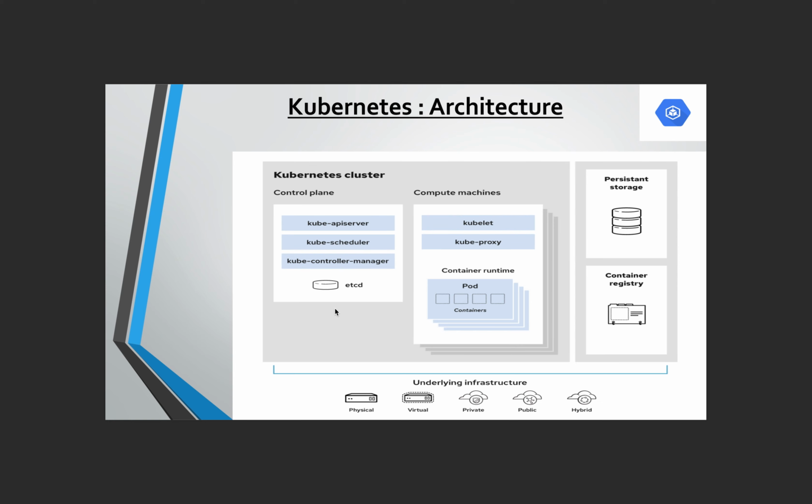Now coming to the next part, that is etcd. All the configuration data are stored here for the cluster. It stores all the state of the cluster with the help of key value pairs, and you can say it's the ultimate source of truth for the cluster.